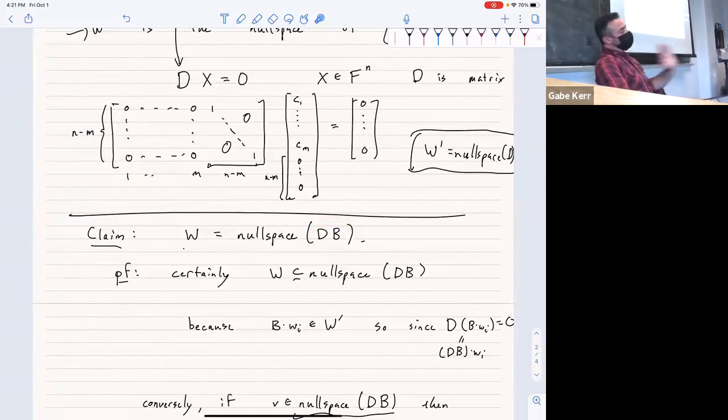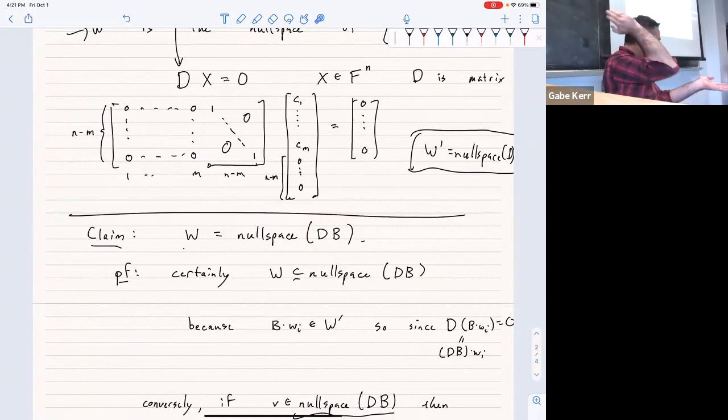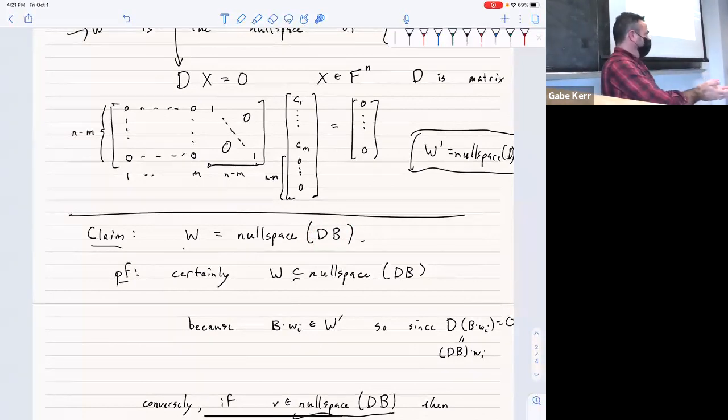Now, let me just say geometrically what this is asking. Over the reals, it's saying if I have an m-dimensional space inside of n dimensions, is there an orthogonal complement that is n minus m dimensional, with the dot products making it precisely a perpendicular vector space?